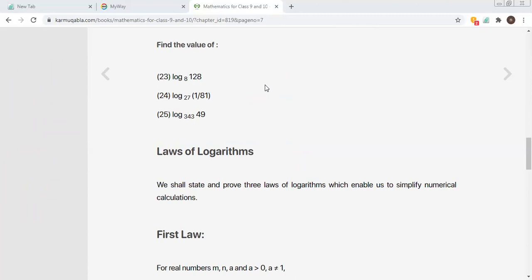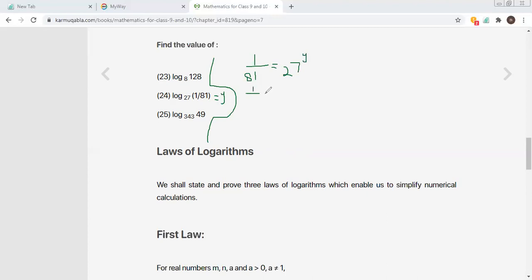We will suppose it is equal to y, and then we will write it. Now tell me class how to write this equation. Quickly tell me class. 1/81 is equal to 27 power y.